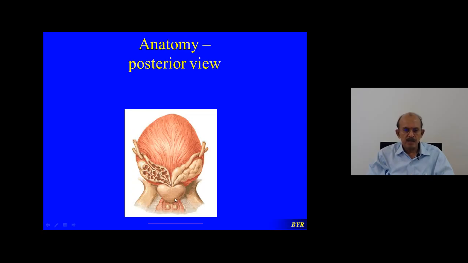On its posterior side, you can see the vas deferens and seminal vesicles. They join together to form the ejaculatory ducts. The ejaculatory ducts pass through the posterior surface of the prostate gland. It is a triangular shaped structure. The base is towards the bladder and apex is situated on the perineal ligament.